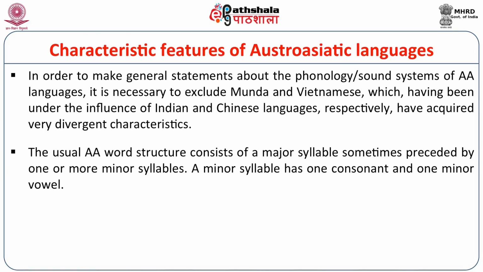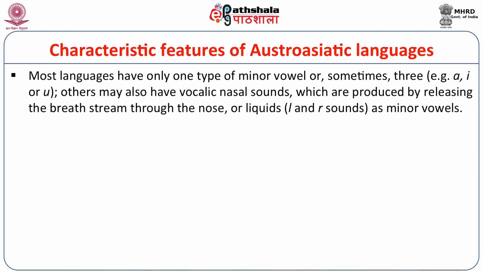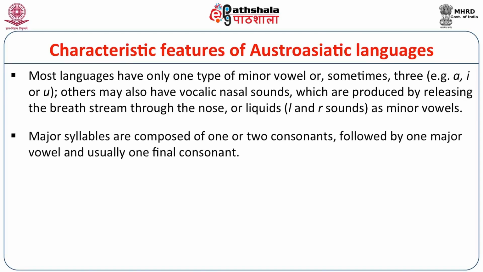A minor syllable has one consonant and one minor vowel. Most languages have only one type of minor vowel, or sometimes three, for example, A, E, or U. Others may also have vocalic nasal sounds, which are produced by releasing the breath stream through the nose, or liquids, L and R, as minor vowels. Major syllables are composed of one or two consonants, followed by one major vowel and usually one final consonant.